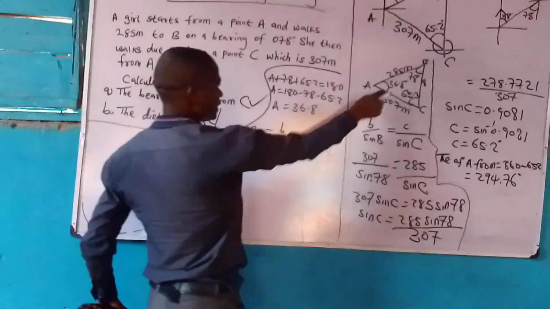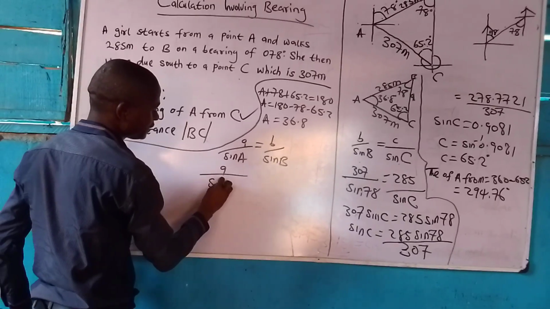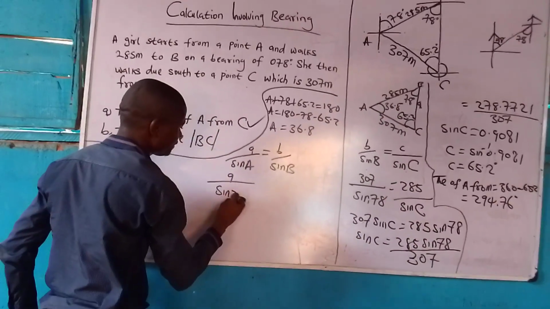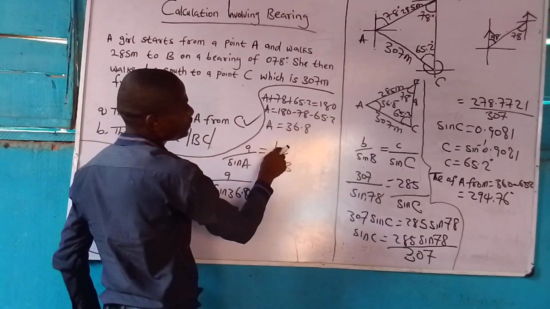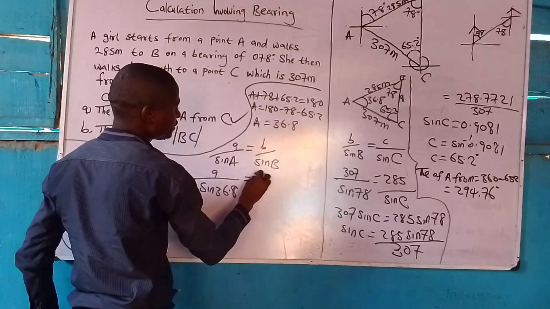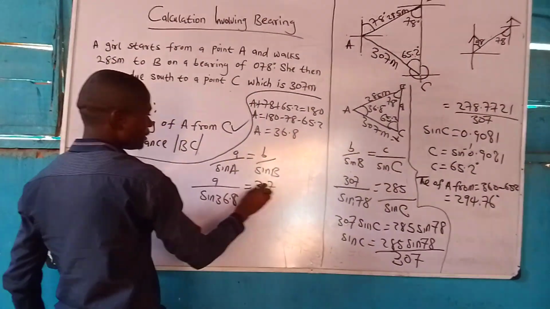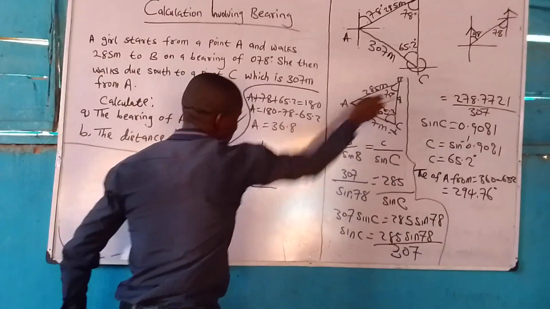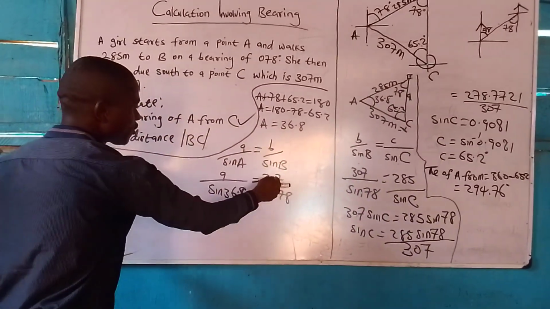And what is the sine A? This is 36.8. That will be sine of this A, 36.8, equal to what? What is B? This is the capital B, so the side is small b, which is 307, divided by sine B. That is sine 78. What do we do? We then cross multiply.